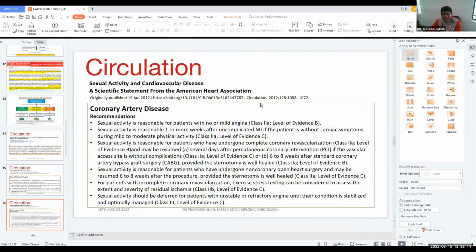Also, they said sexual activity after CABG can be performed after wound healing, or 6 to 8 weeks after CABG. For other non-coronary open heart surgery, it is the same, after 8 weeks of sternal wound healing. And sexual activity should be deferred for patients with unstable and refractory angina until their condition is stabilized or optimally managed.